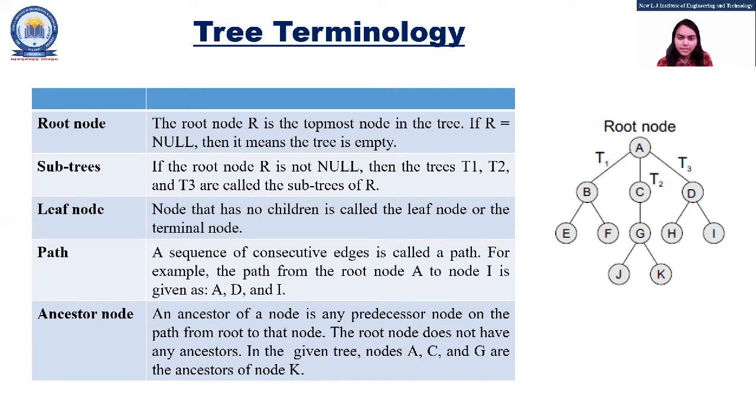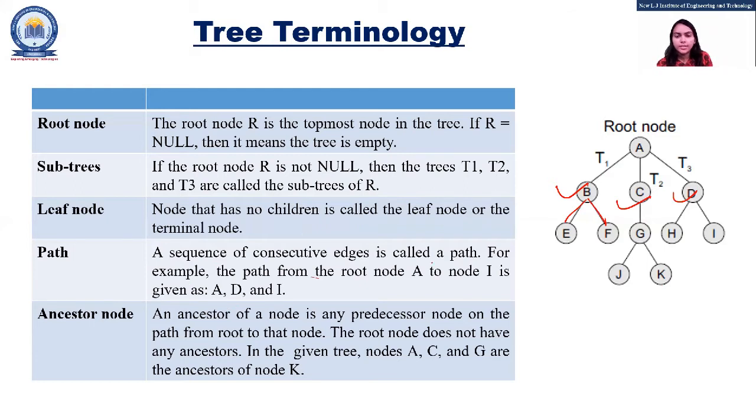For example, for B, C and D, A is the ancestor, and the successors, after B, C and D, are E, F, G, H and I. The successors of B are E and F, and the predecessor is A, right? So an ancestor is any predecessor node on the path from the root, which precedes it.